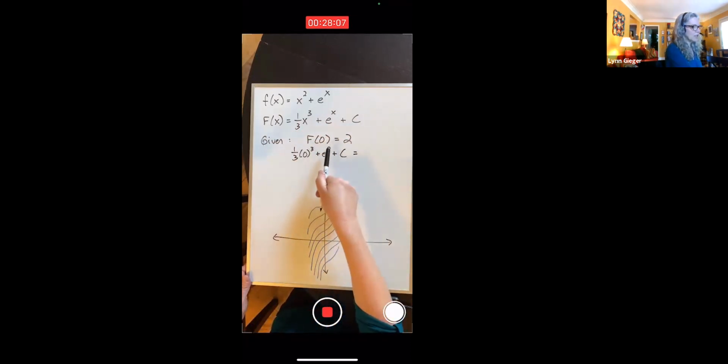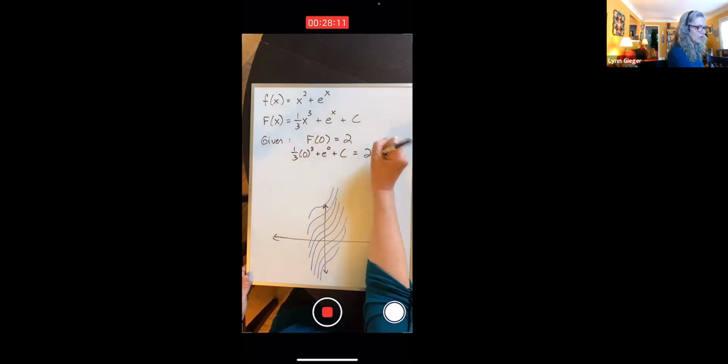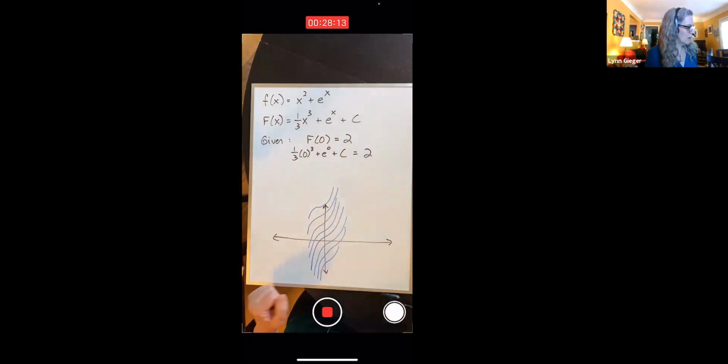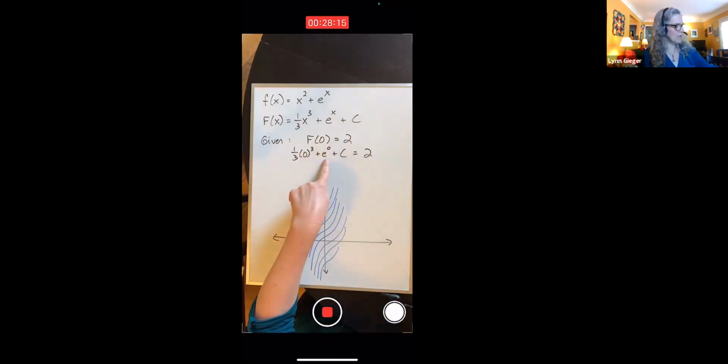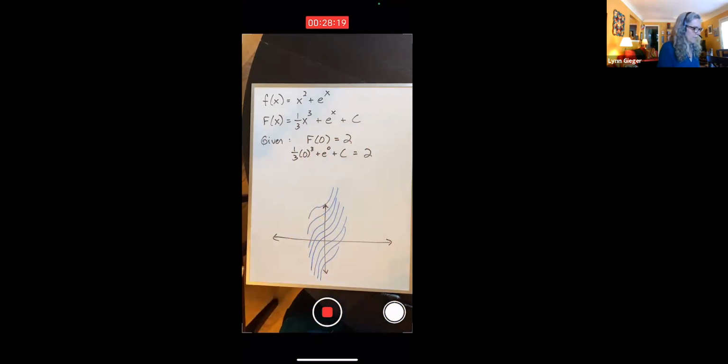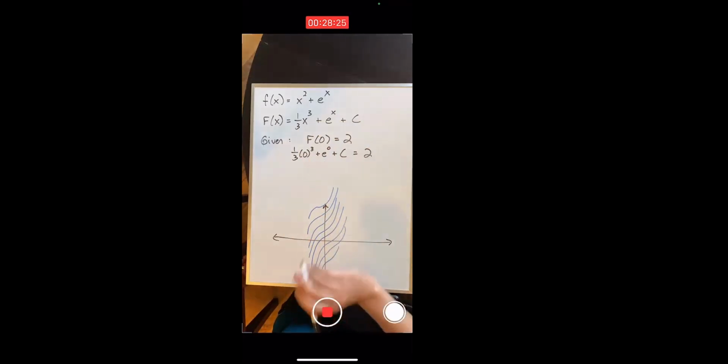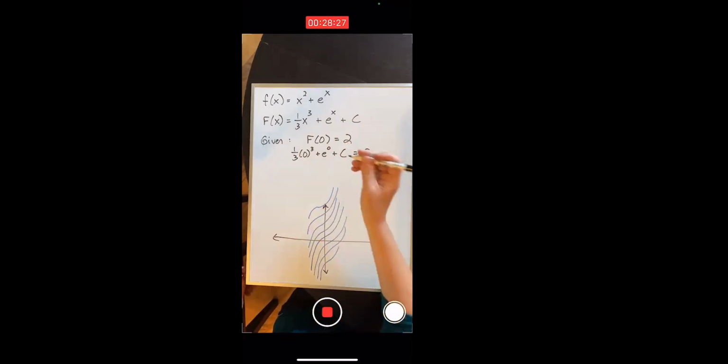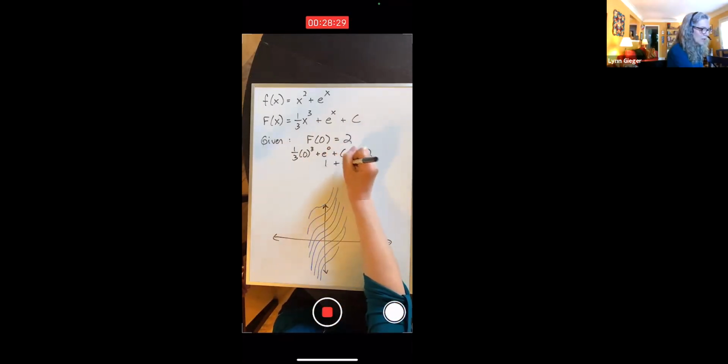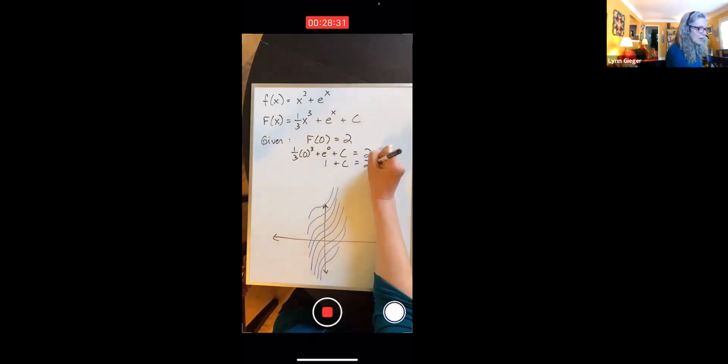And this relationship says if you plug 0 into the antiderivative function, you'll get a 2 out. This term is 0. What's e to the 0? It's 1, right? Anything to the 0 power is 1. So 1 plus c is equal to 2, and therefore c must be equal to 1.